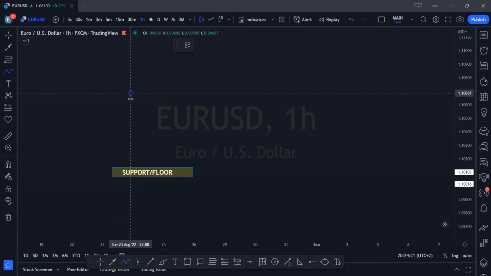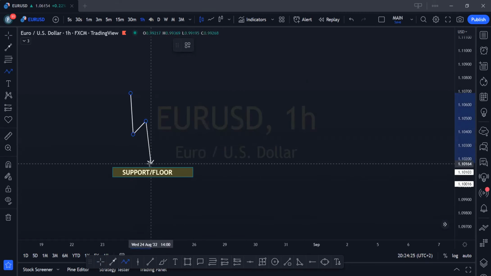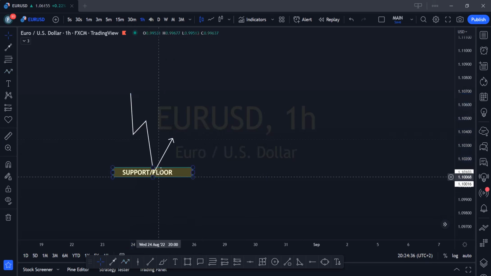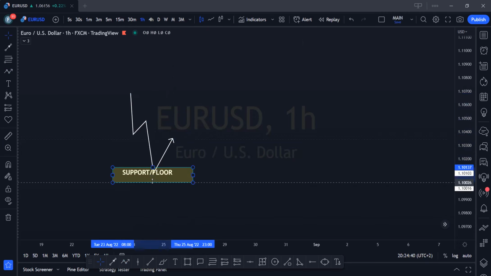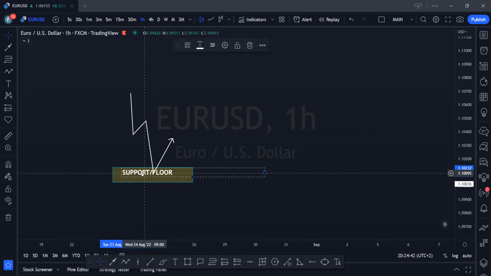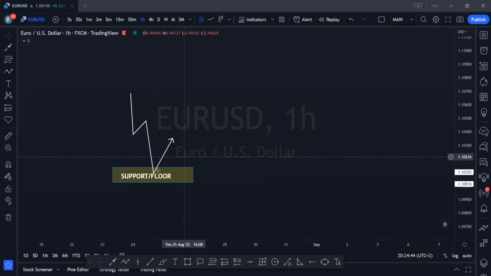So let's say price is coming down like so, and then price got to a particular place, and then suddenly you see a sharp change in direction, a reversal. So what happened there is that price hit a support. So we call that a support. So price hit a support. All right.